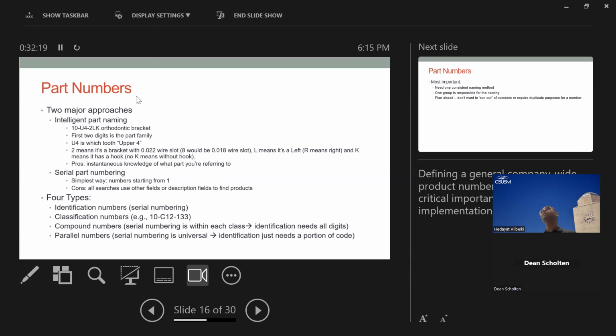It's extremely important and has to be taken really seriously at the beginning of the ERP implementation project, right? Because later, if they define part numbers and 5, 6, 7 years later they realize that okay, we're out of part numbers, or the part numbers are not really effective, and they decide to change it, everything has to change. All those databases, everything has to be addressed in that database, right?